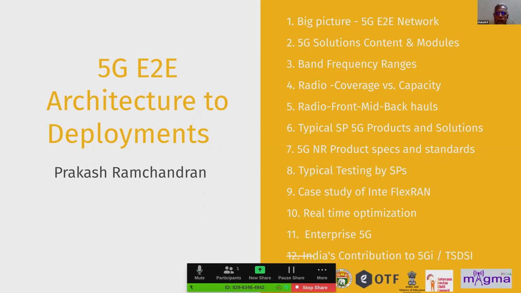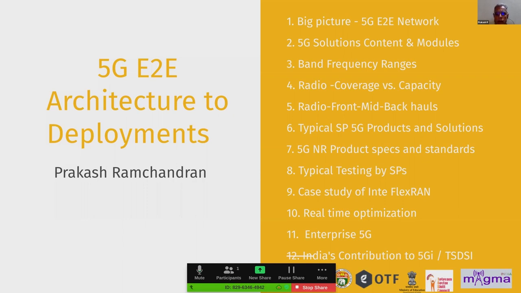Basically, we are looking at 5G new radio product specs and standards and how it is typically tested by the service provider. I'll go with the case study of Intel FlexRAN to elaborate a little deeper on the technology and the associated real-time optimizations that are desirable for the field to be able to use it effectively.